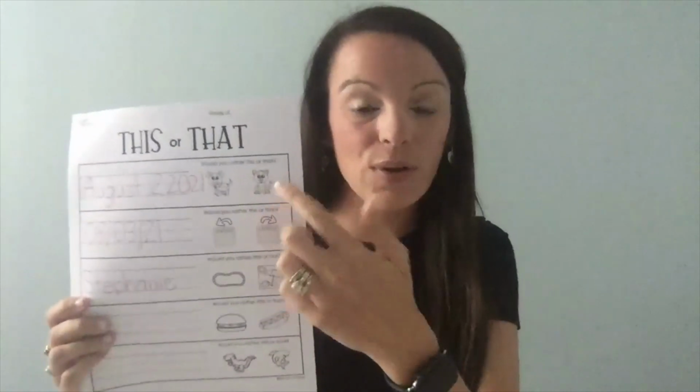They can either circle, they can color, they can X out the one they don't want, and then they go through each worksheet for each day. And each day of the week, so every Monday is a writing prompt, they know what to expect on a Monday. And that gives them that routine that creates a stress-free environment to give them a great start to their day.